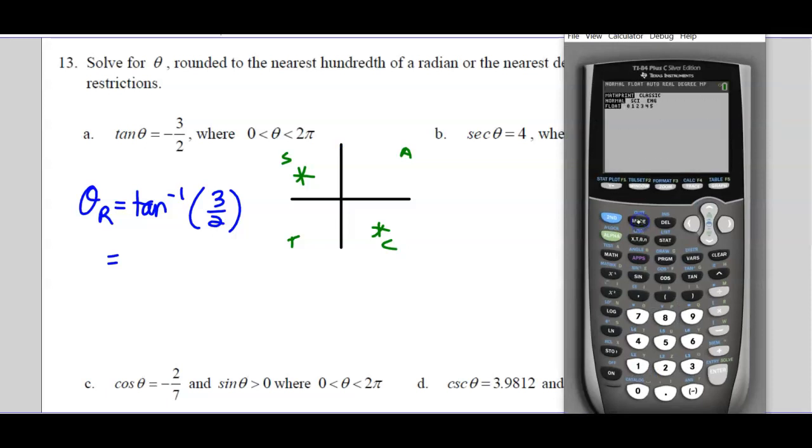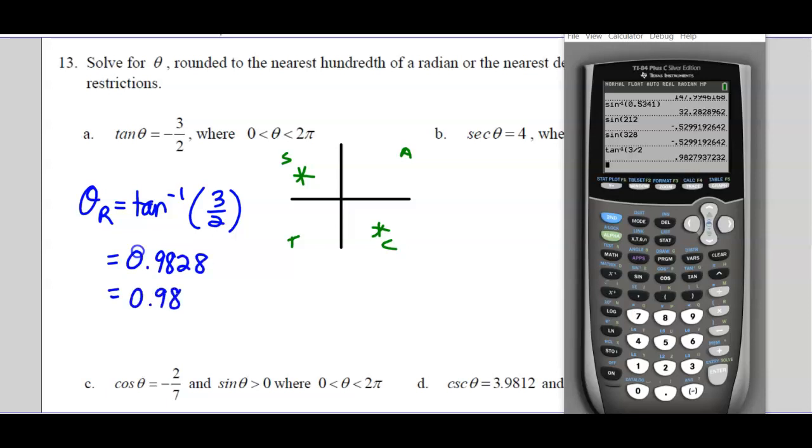I'm going to change my calculator to radian mode. Okay, and then second tan, inverse tan, 3 divided by 2. And nearest hundredth, so 0.982. I'll go to 4 decimal places and then round, 0.98.